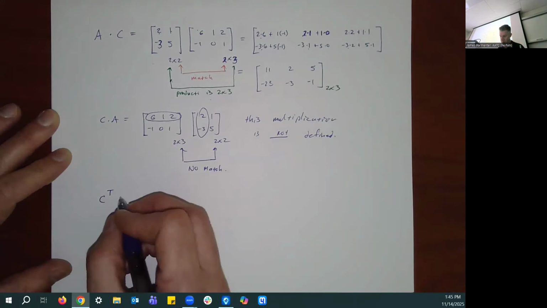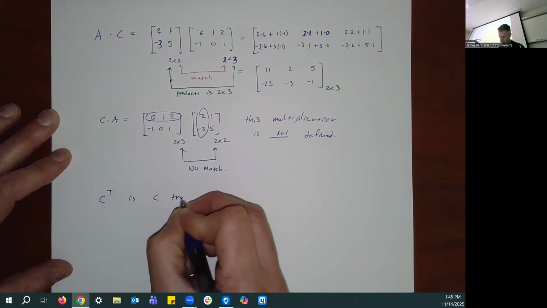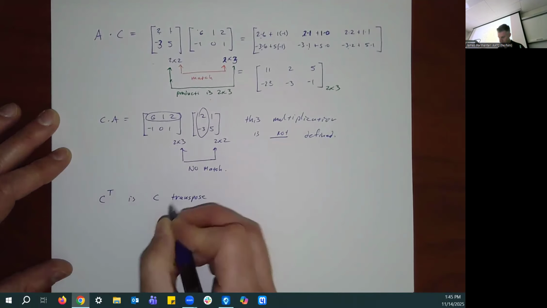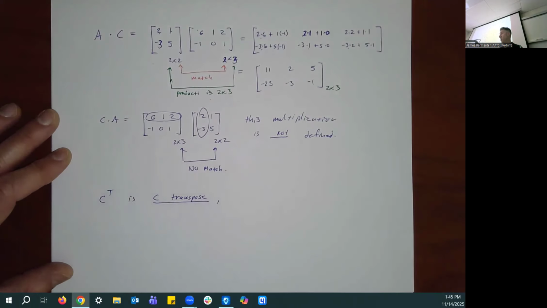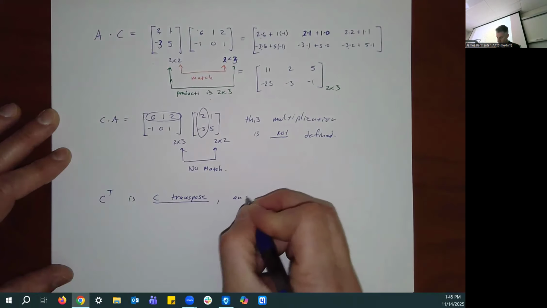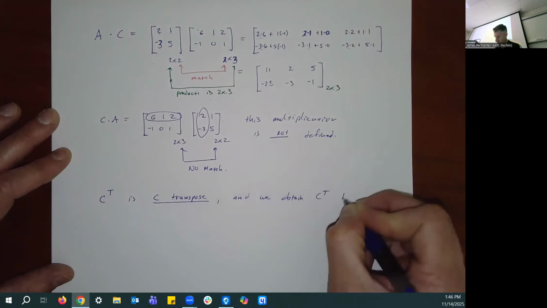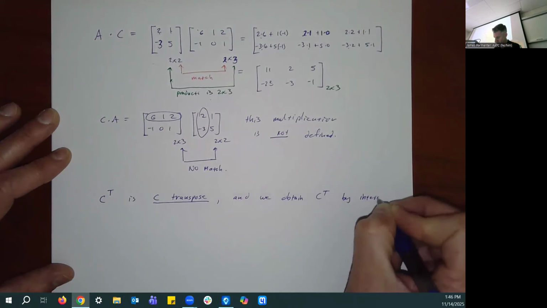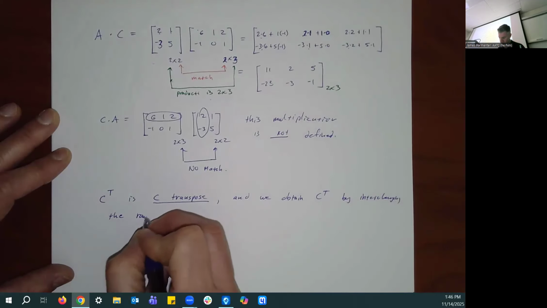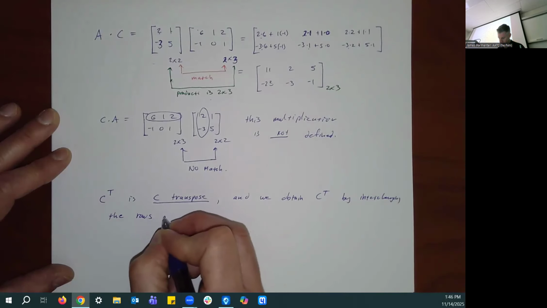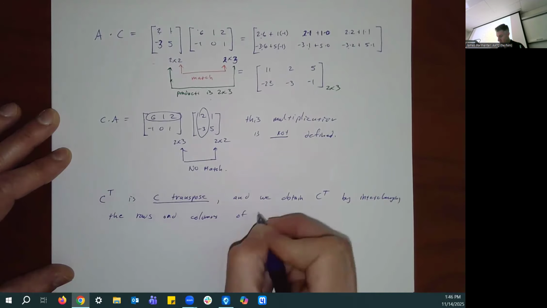C transpose is what it's called, and you get it by interchanging the rows and columns of the matrix C, or whatever your matrix is.